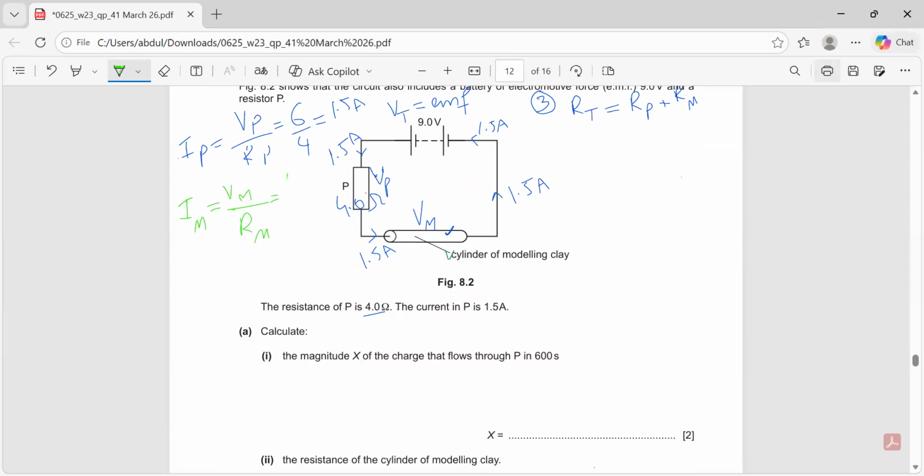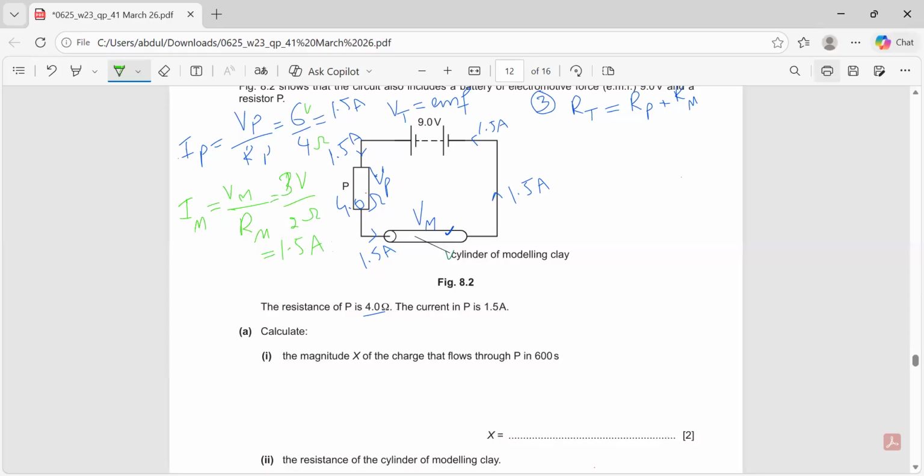Placing the values, here it will be 3 volts and here 2 ohms. Simplify again, you get 1.5 amperes. So how is the current staying the same? This is numerically done in front of you, and everything is consistent.